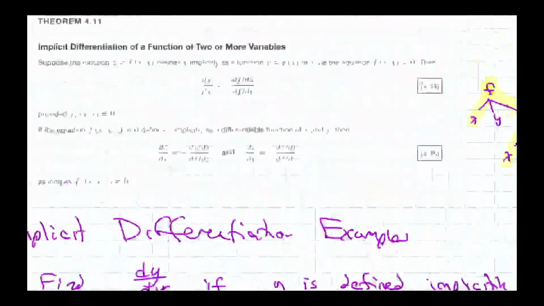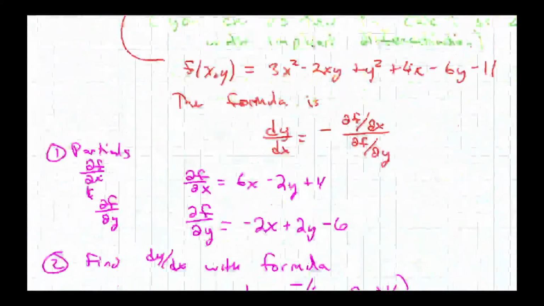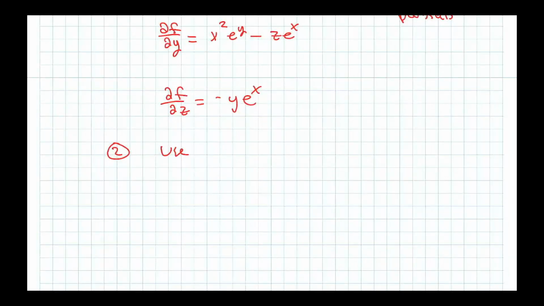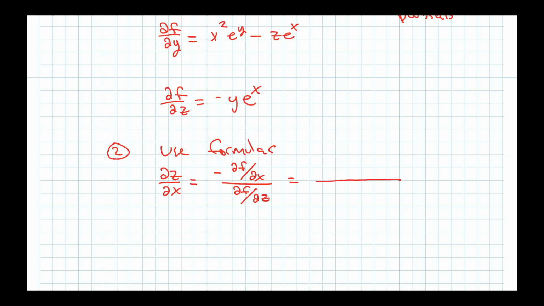So if we're doing partial z with respect to x, we can use the formulas. Try to remember it. X is on the bottom here, so it'll be on top here. So negative df dx over df dz. That was the formula, so simply fill it in.